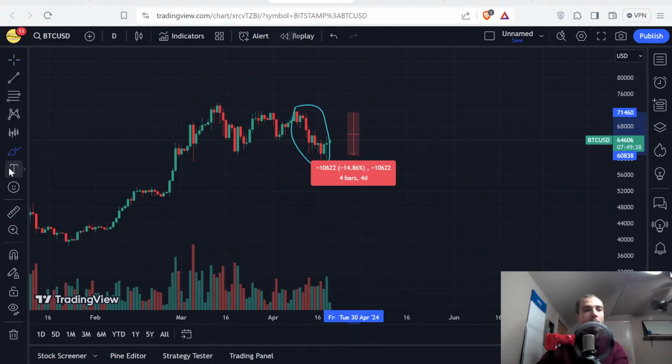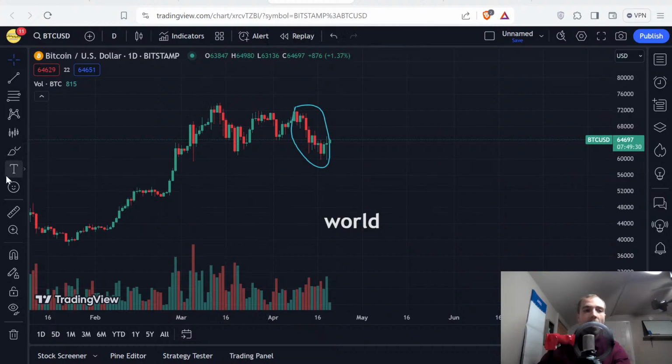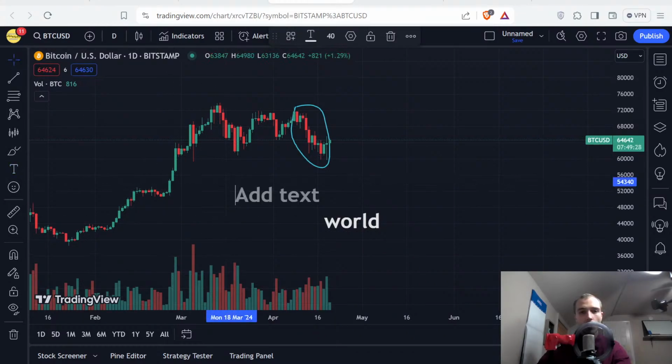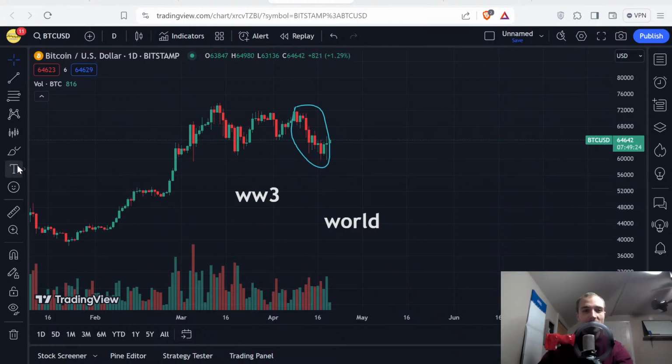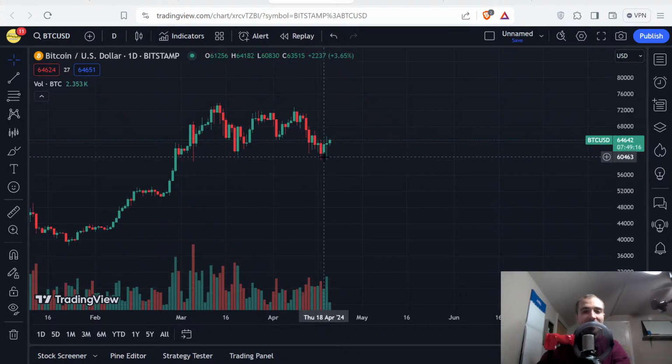And what blew my mind was that at the bottom of this candlestick, the whole world was going to end all of a sudden, right? If you went onto the news, World War III, right? The world is going to end, you guys. Sell all your crypto, right? But nothing really even changed. Bitcoin barely even moved, like the slightest little move.